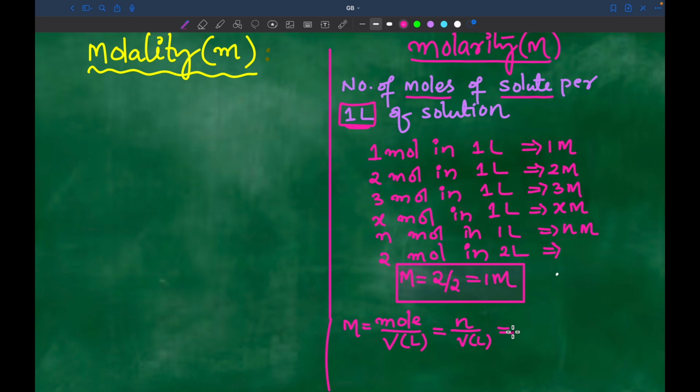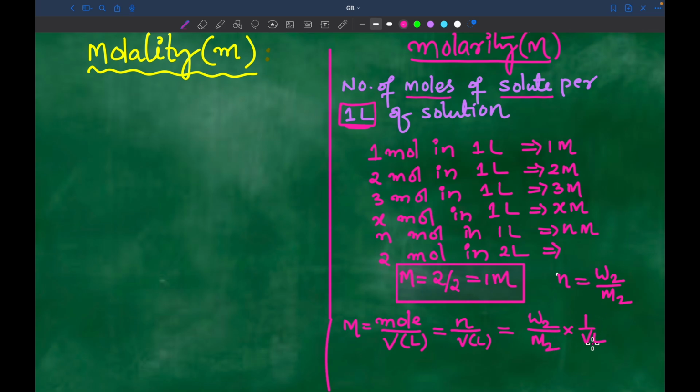The number of moles can also be calculated by the formula W2 by M2, where W2 is the mass of the solute and M2 is the molar mass of the solute. So this can be written as W2 by M2 into 1 by V in liters.